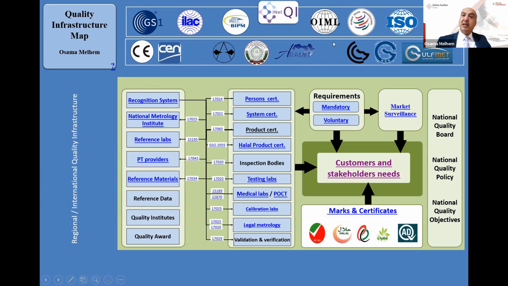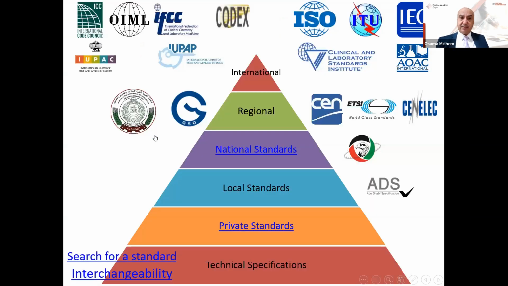Now, at the international level, for the standardization, we have ISO and others. I give you examples. At the international level for the electrical and electronic equipments, we have the IEC. For telecommunication, we have the ITU. For the normal products, ISO. For the food, we have Codex.